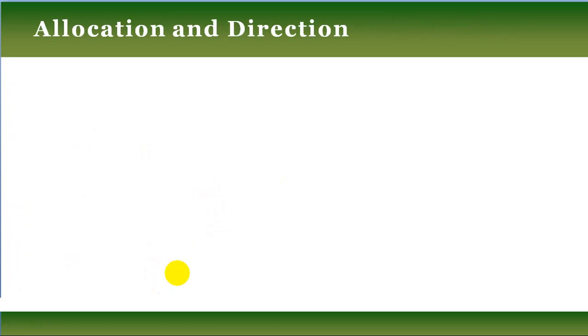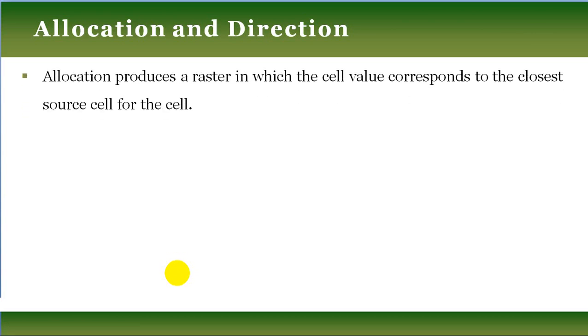Now we will discuss allocation and direction, which are related to physical distance. Allocation produces a raster in which the pixel value corresponds to the closest source cell. It will consider the source cell or cells, and based on this it will calculate every other cell's distance, and according to the nearest source cell, the cell's value will be allocated.